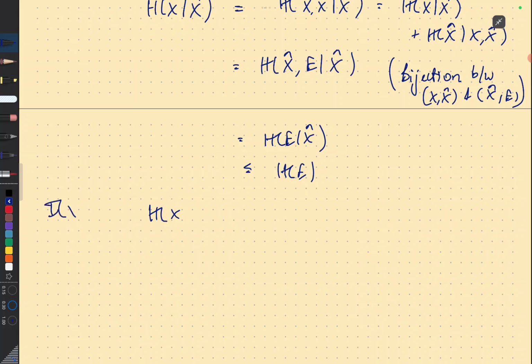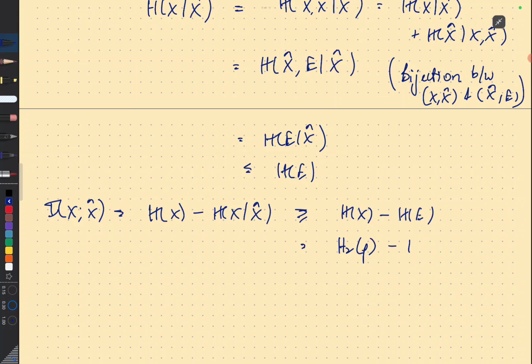So the mutual information between x and x hat, which is h of x minus h of x given x hat, is greater than or equal to h of x minus h of e, which is equal to the binary entropy of p minus the binary entropy of d.